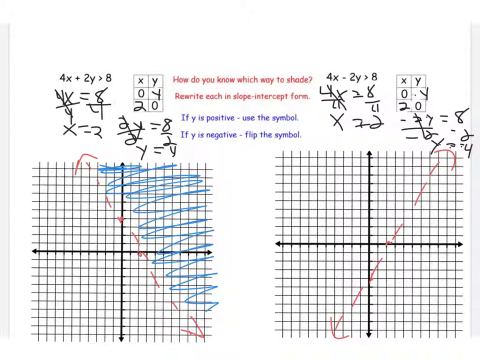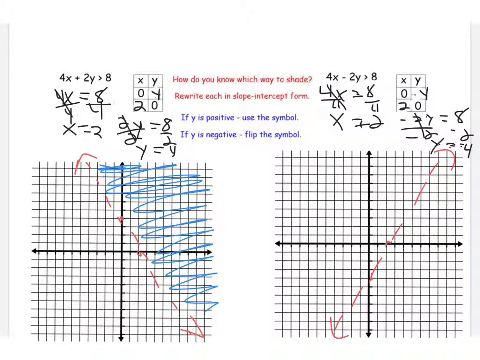The second one, remember, we're dealing with an inequality. So the y value is negative in the second inequality because it's minus 2y. So it's negative 2y. Because it's negative, remember when we solve an inequality, if you were to solve that, you would have had to divide by negative 2. And by dividing by a negative, remember, that switches the inequality symbol to its opposite.